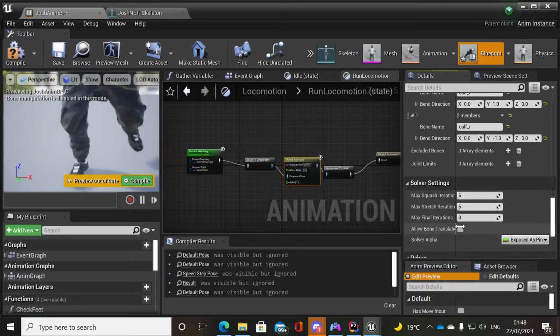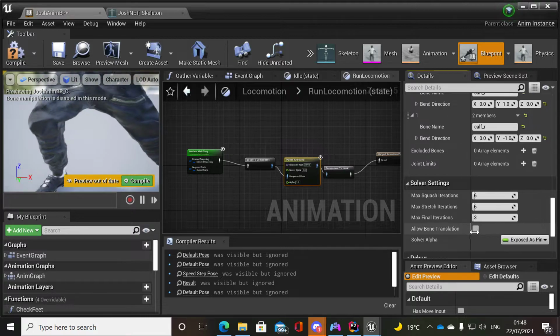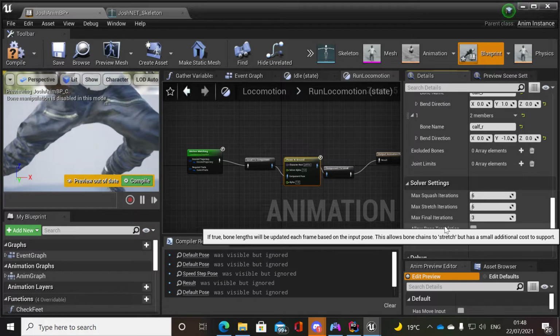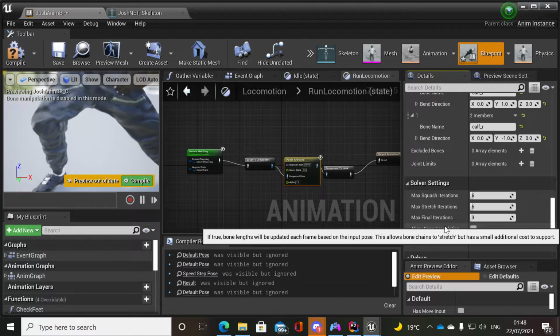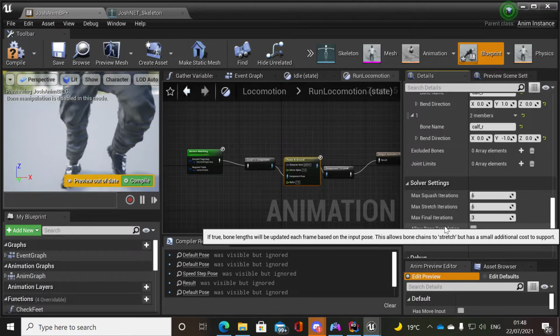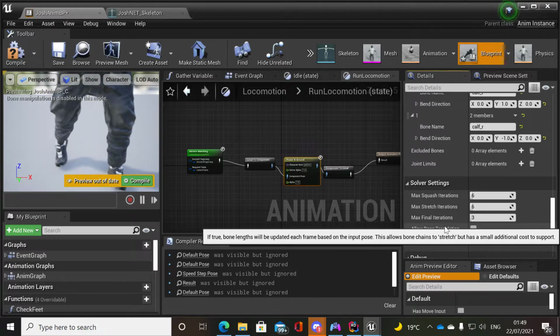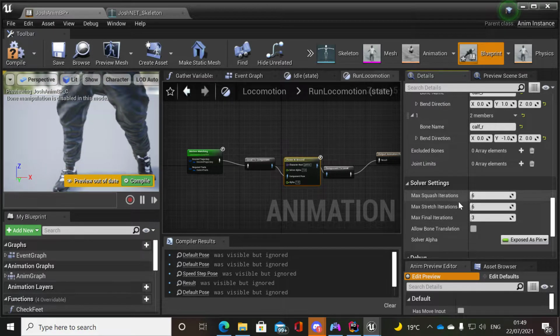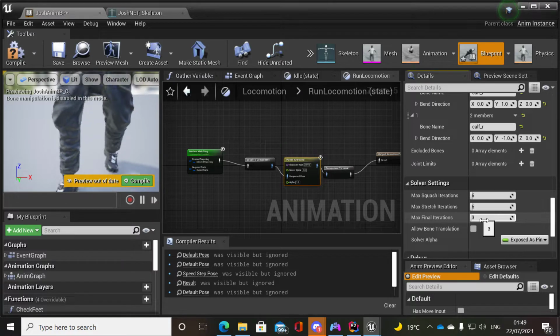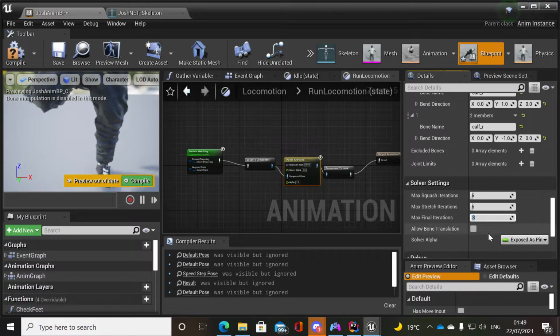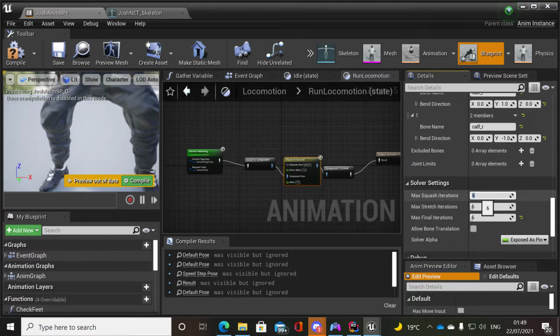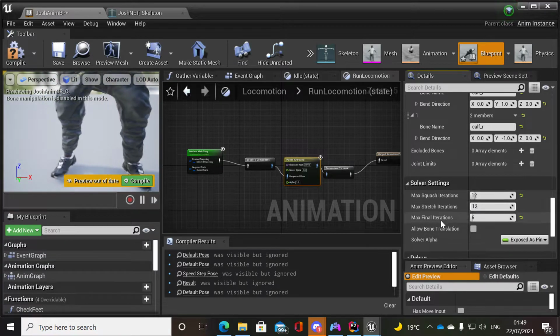What is that, a low bone? I think they're actually allowed to move the bone based on the input pose. Yeah, can we double the iterations there and see what happens? Probably going to be all of them. Maybe it's going to be too slow.